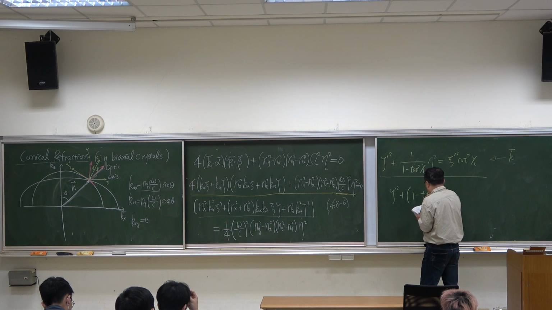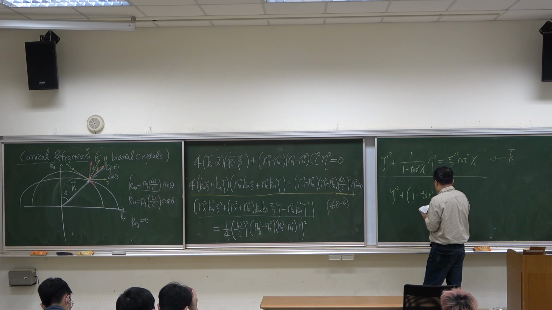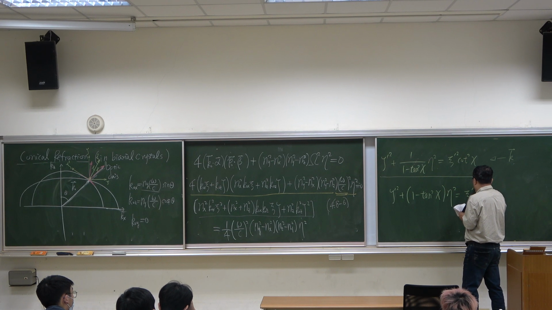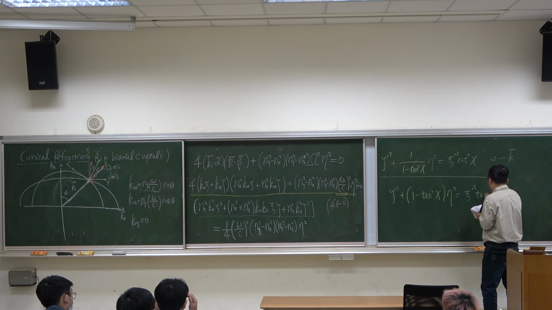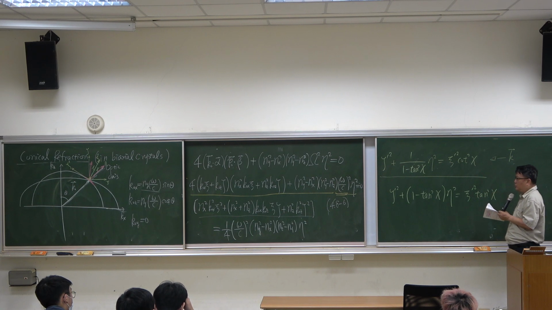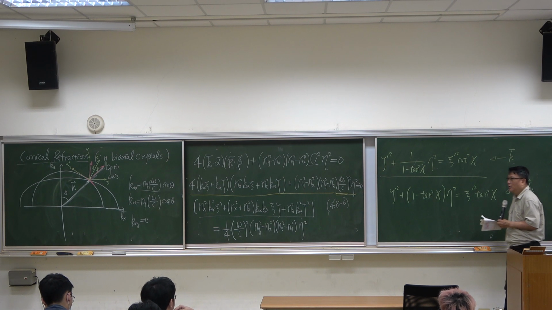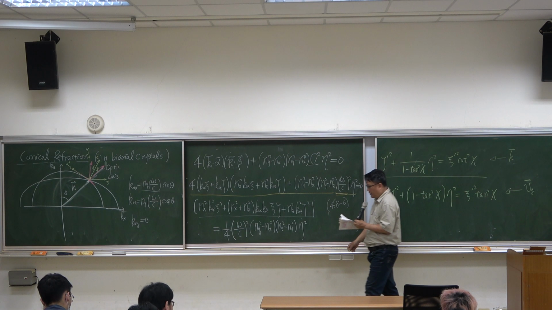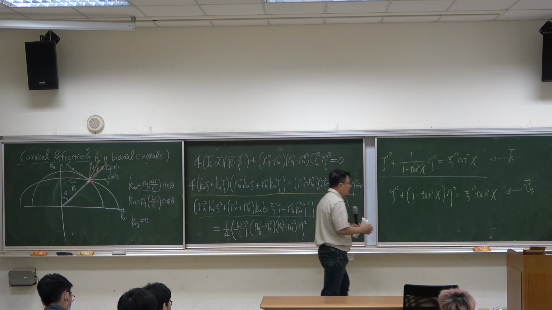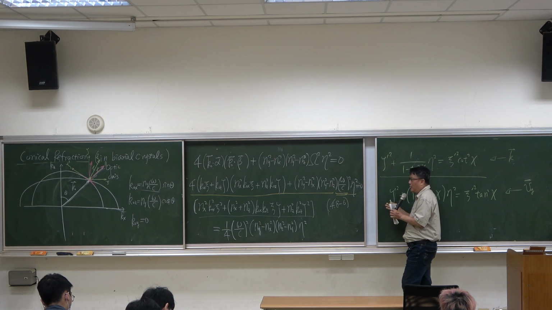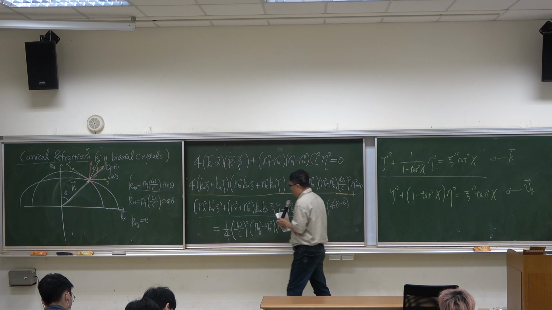The group velocity is described by this cone, VG. Okay? And so I have already explained the phenomenon called conic refraction.